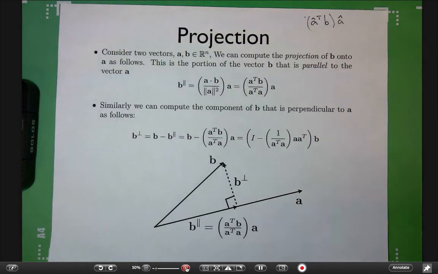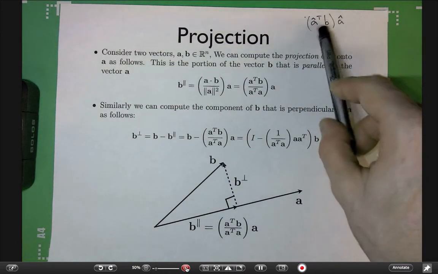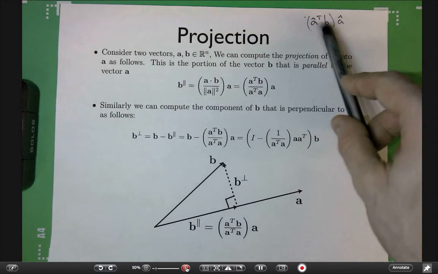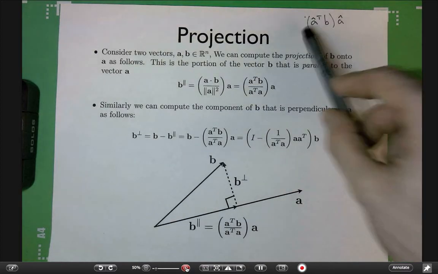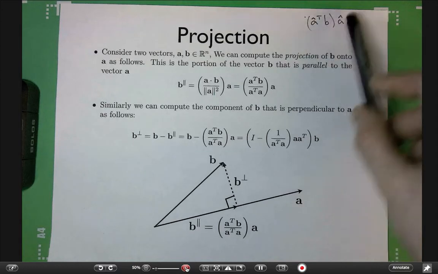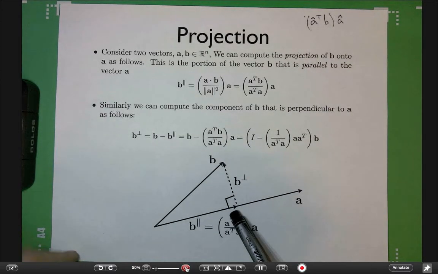If you remember, this is when we discussed dot products. We said that the dot product of b with a unit a is the length of the projection on the direction specified by the unit vector a. So this is just the length, just a scalar. So if I multiply it back by the unit vector, I get back exactly the projection.